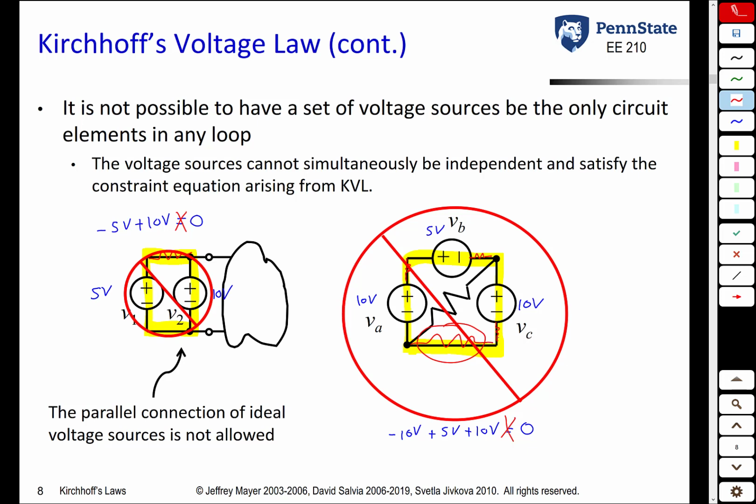The second question is, you might ask, well, wait a minute, what about batteries in parallel? You have devices where you stick two AA batteries, and those batteries are going to be in parallel. And your first question might be, isn't that a violation of KVL? Well, let's look at that on the next page.